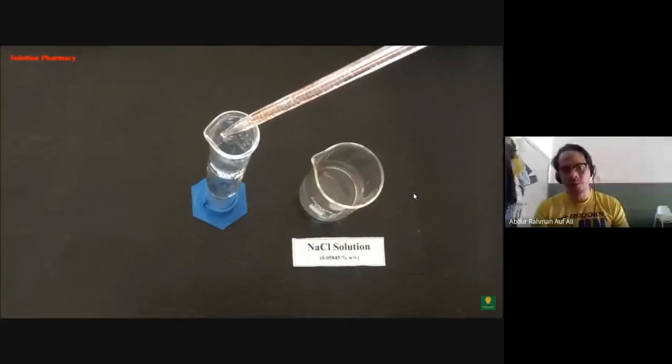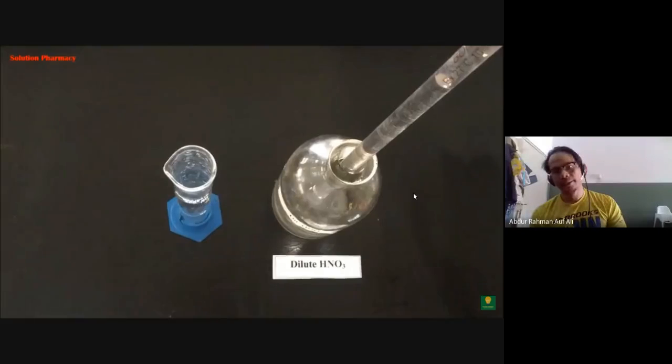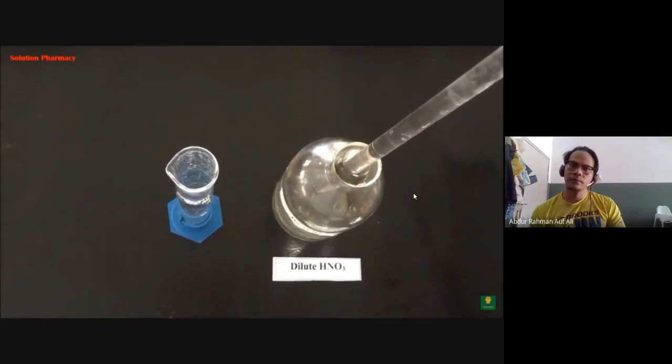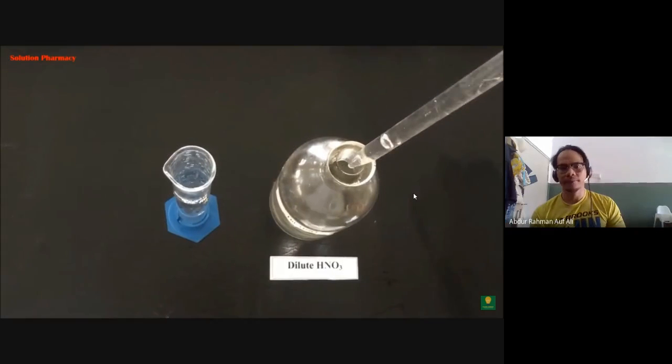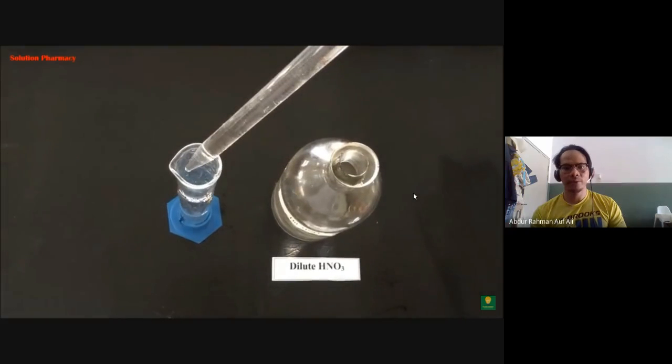Just put 1 ml of sodium chloride solution, which is our standard, and then dia akan ambil 10 milliliter of dilute nitric acid.